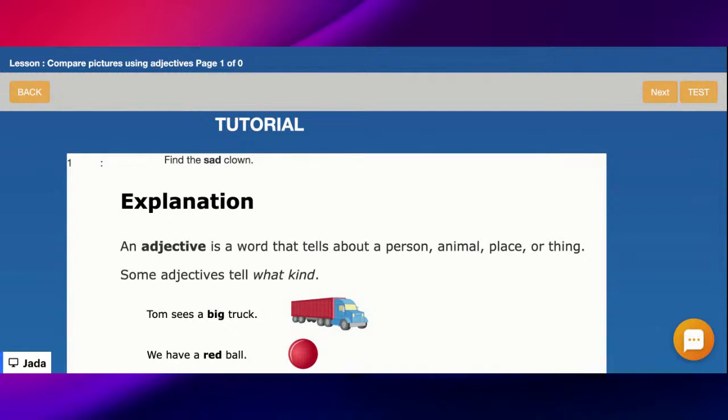What is an adjective? An adjective is a word that tells about a person, animal, place, or thing. So it's almost similar to the noun. So an adjective tells us about a person, place, or a thing.